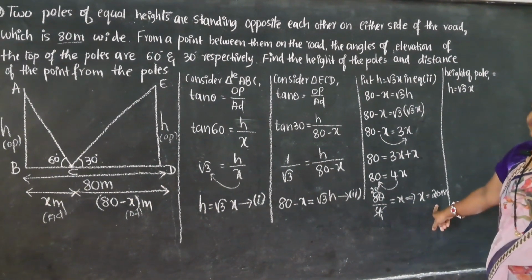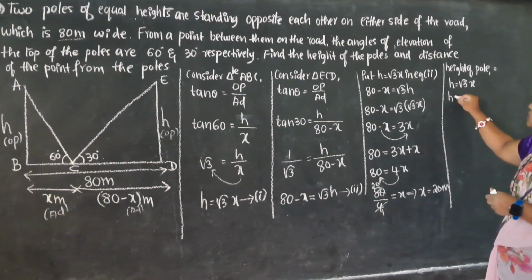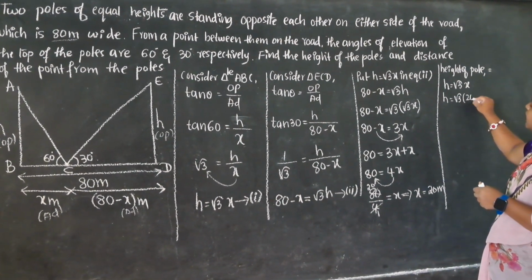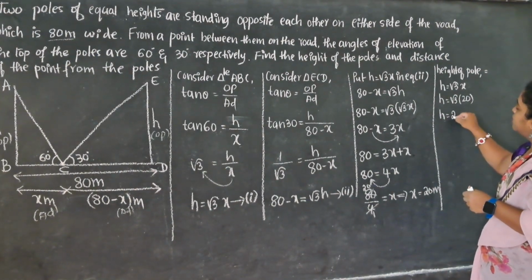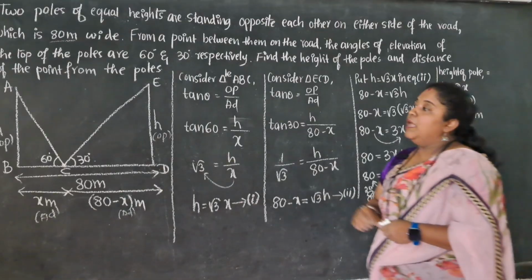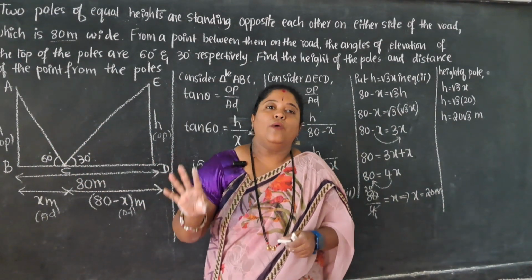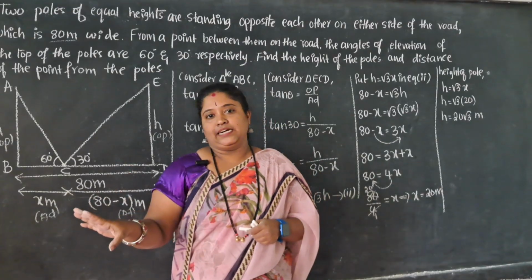Let me substitute the x value. So h is equal to root 3 into 20, that is nothing but 20 root 3 meter. Understanding? The height of each pole is equal to 20 root 3 meter.